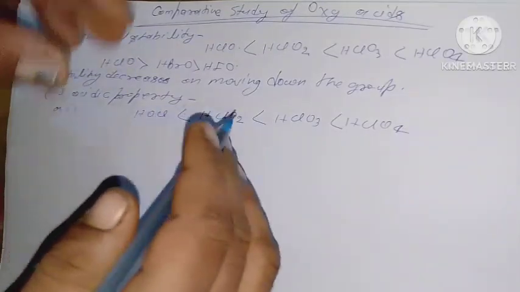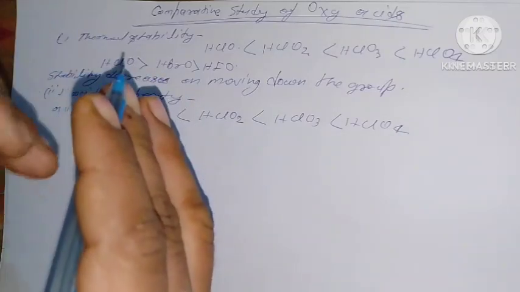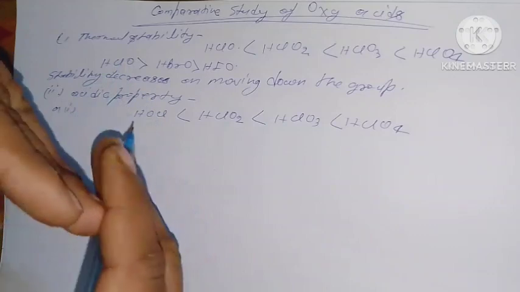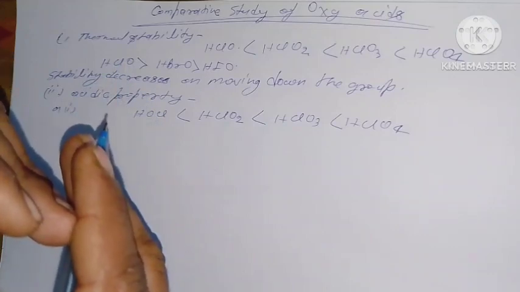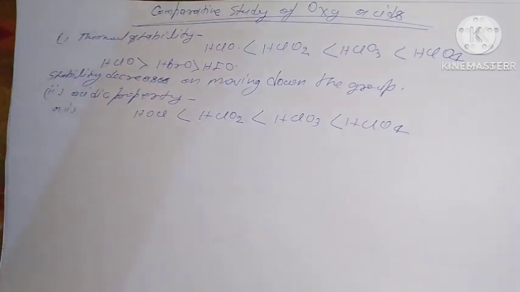Okay. As oxidation state of chlorine increases, chlorine oxygen bond strength increases, and oxygen hydrogen bond strength decreases, and dissociation of XO negative plus H positive increases, and acidic strength increases. Okay.